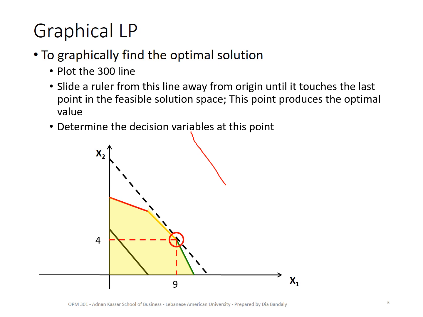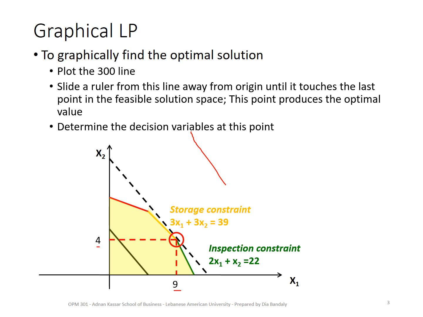Most probably you cannot see that, but that's not a big problem, because what we can do then is that we know that my optimal solution is at the intersection of two lines, the yellow and the green line, and I know their equations. So all I have to do is solve a system of equations of two unknowns, and that's it. I will get x1 and x2 to be 9 and 4 as we found here.